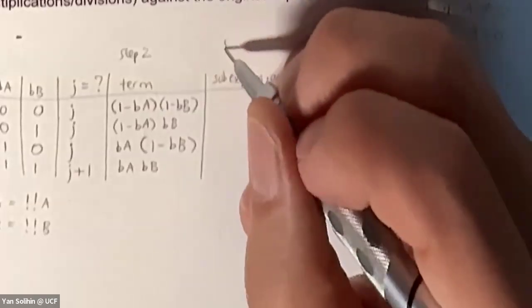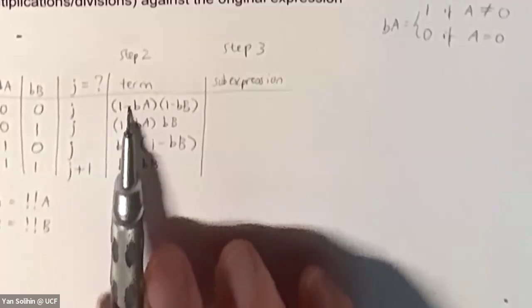And then the next is the sub-expression. This will be step 3. The sub-expression is basically the multiplication of this with the multiplication of this.